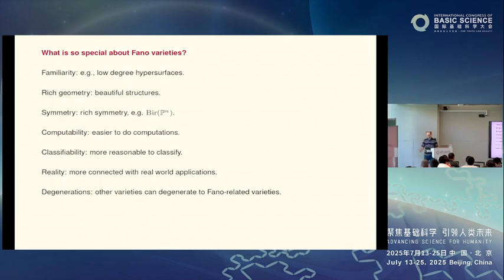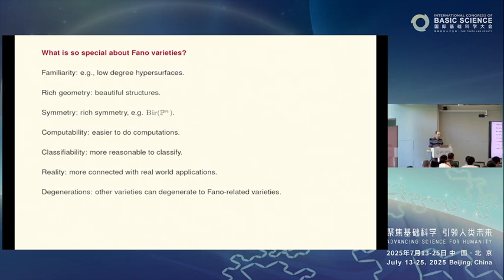And of course, in a first course on algebraic geometry, the first examples are degree 1 and 2 and 3 and so on. You don't jump to degree 1000. So naturally, you get Fano varieties. But another reason is more intrinsic, and it's because they have such rich and beautiful structures.